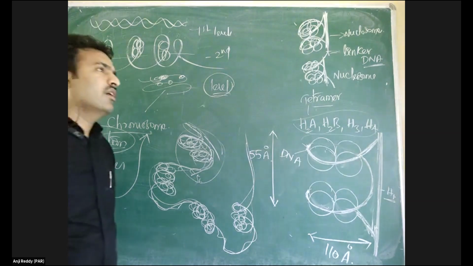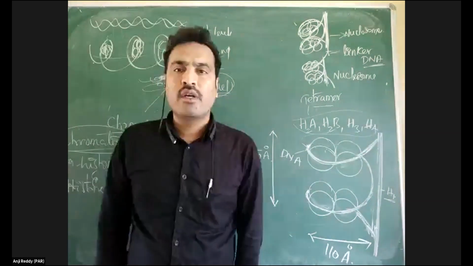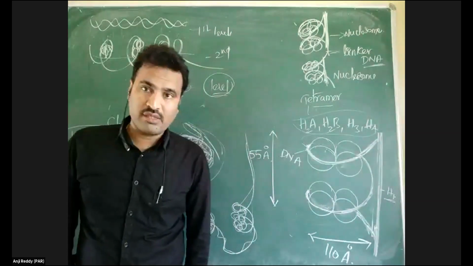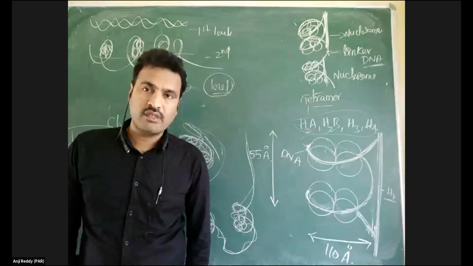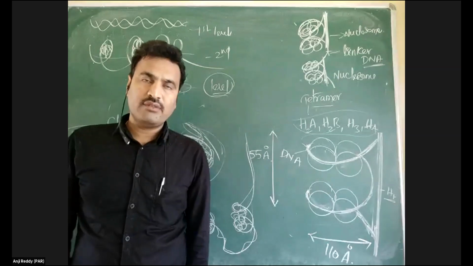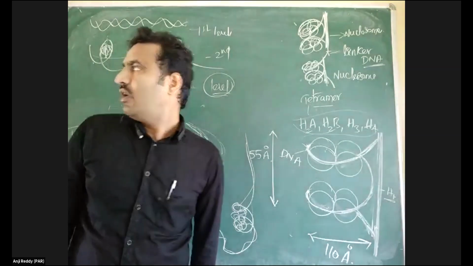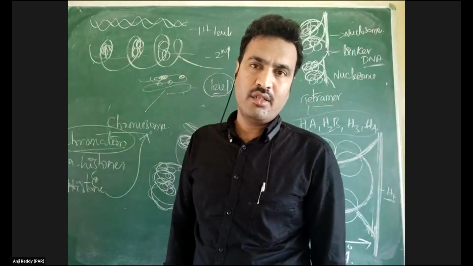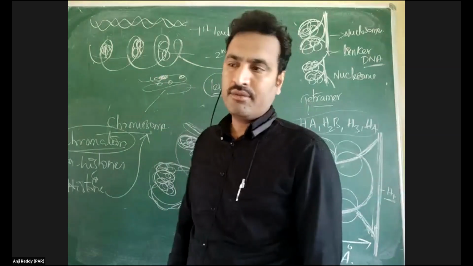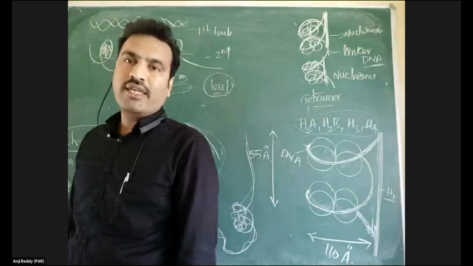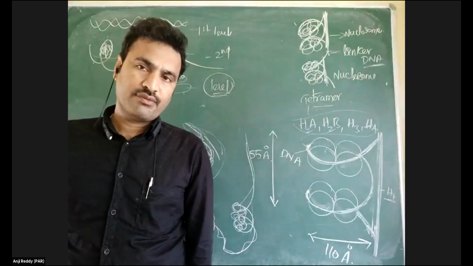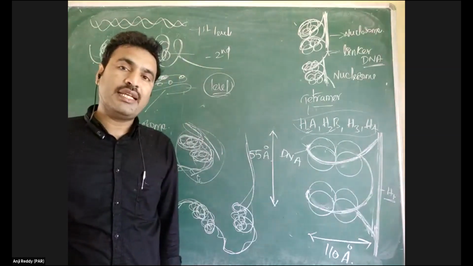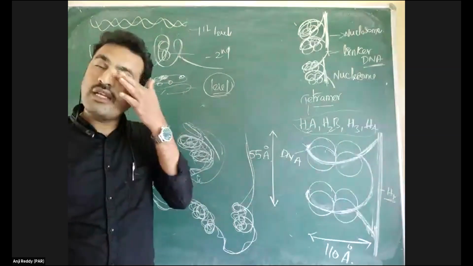Next point. In nucleus, some places chromatin is loosely packed and called euchromatin, which is transcriptionally active.